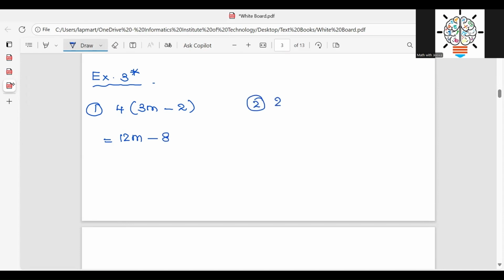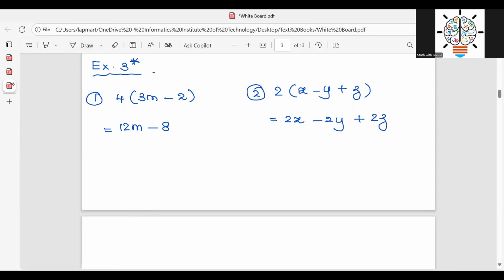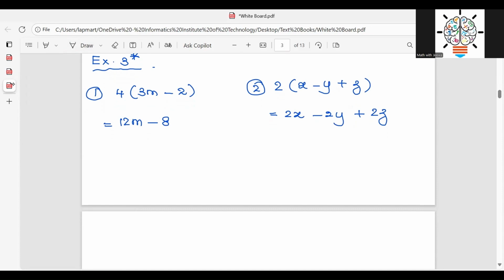Okay. Then 2x minus y plus z, 2 times x, 2x, 2 times negative y, negative 2y, plus 2z. Right? So then we will move to question number 3.